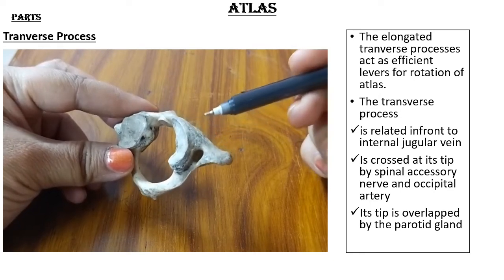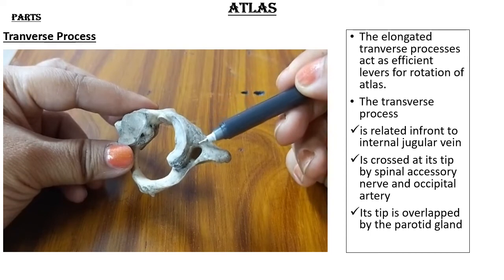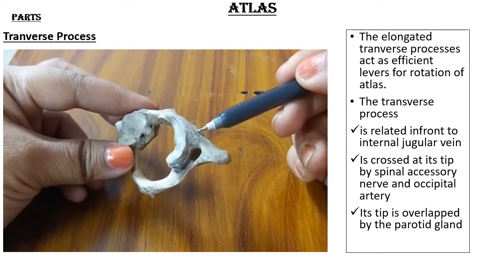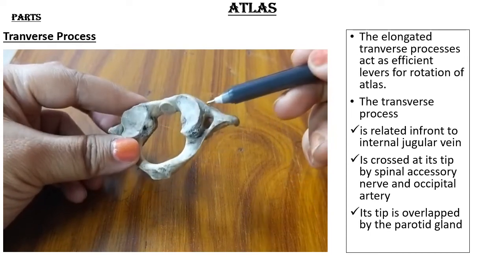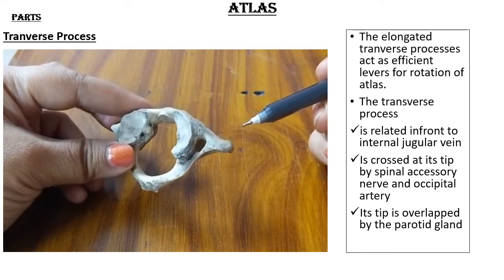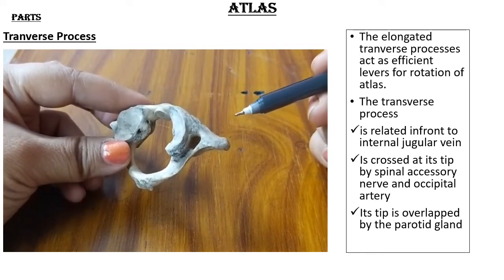Its anterior tubercle corresponds with the small tubercle on the lateral mass. So the transverse process of the atlas lacks an anterior root.